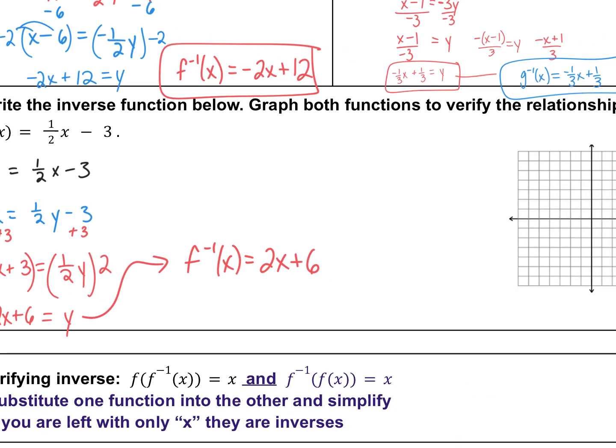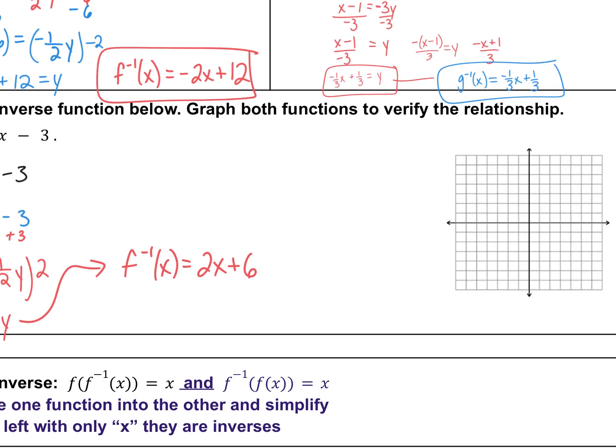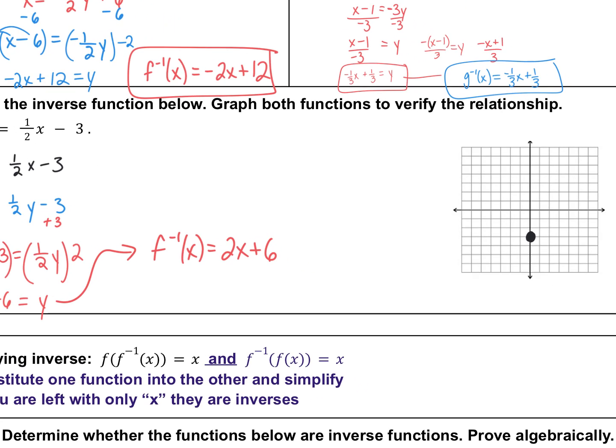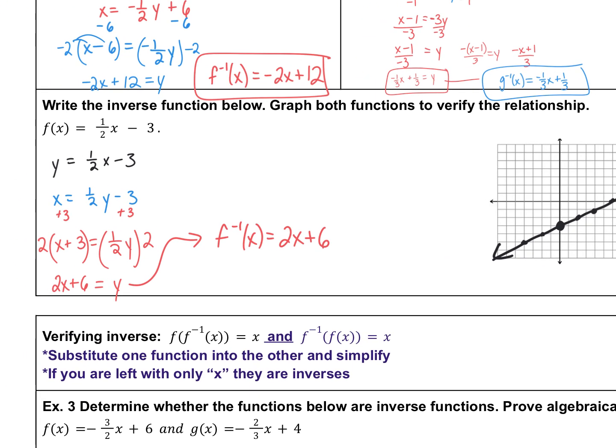Good? Okay, let's go graph these. Let's start with f of x. How am I going to graph that? Before that. Yeah, -3. And then up 1/2. Or down 1, left 2, right? It's the same thing. Okay.